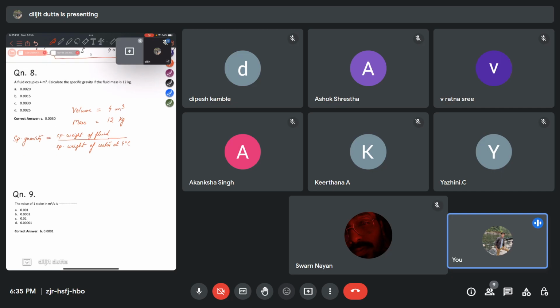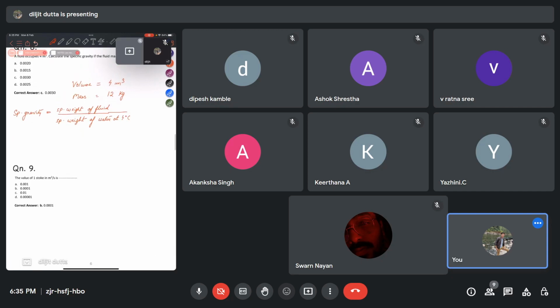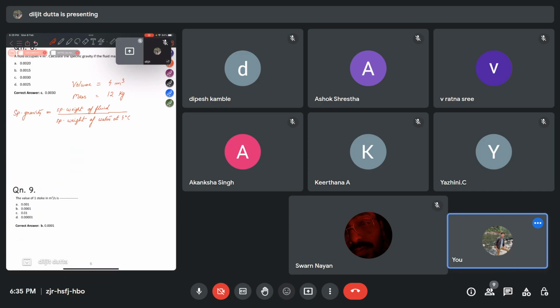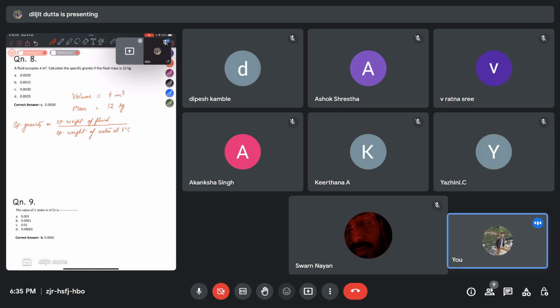So what is the specific weight of the fluid? The specific weight of the fluid is given as rho into g, or weight of the fluid divided by volume of the fluid.